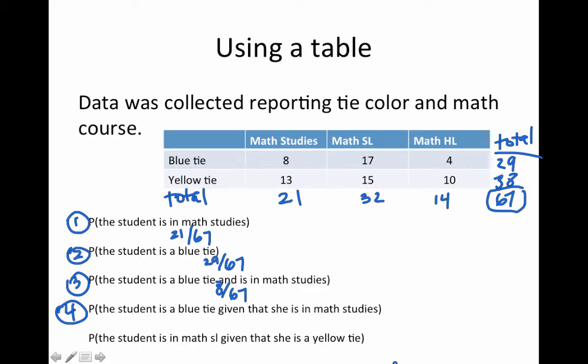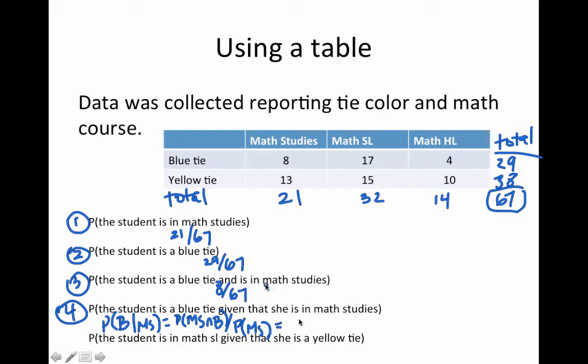Okay, the fourth problem is when I have the given probability. If I want to find the probability that a student is a blue tie, given that she is in math studies, I could use the formula. The probability that a student is a blue tie, given that they are in math studies, would be the probability that they were in math studies and blue tie divided by the probability of math studies.